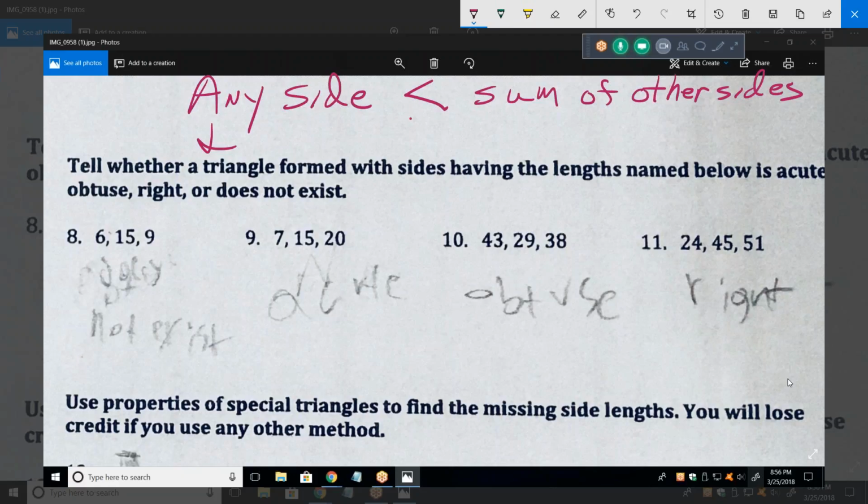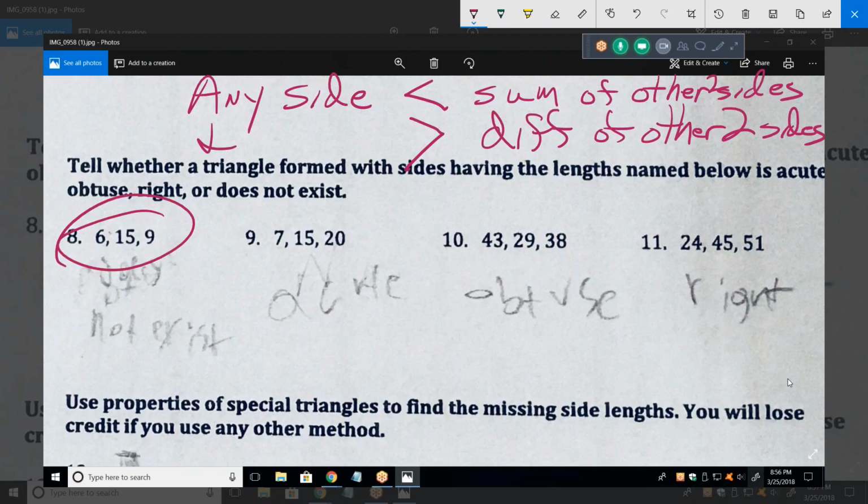Has to be greater than the difference of the other two sides. If it does not satisfy that, it is not a triangle. For example, that one has to pass that test.